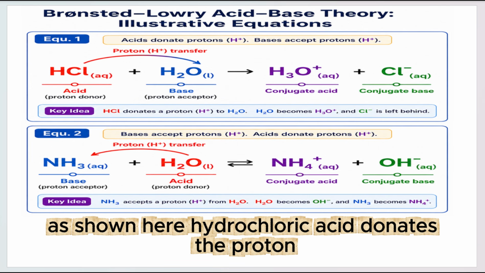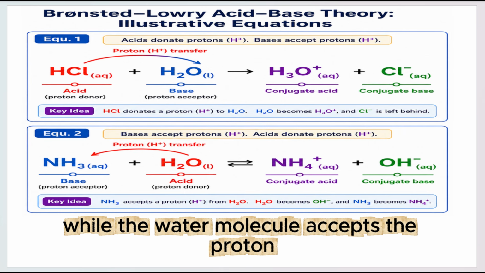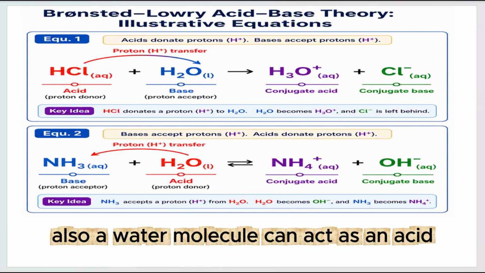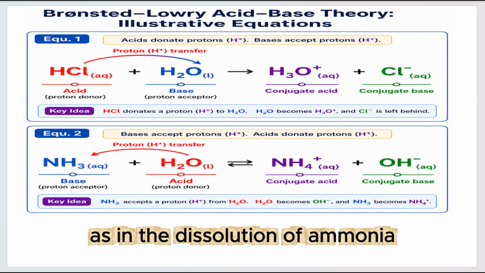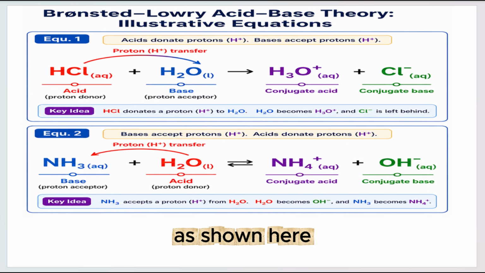Hydrochloric acid donates the proton and becomes a chloride ion, while the water molecule accepts the proton and becomes a hydronium ion. Also, a water molecule can act as an acid, as in the dissolution of ammonia, where it donates a proton and the ammonia accepts it, as shown here.